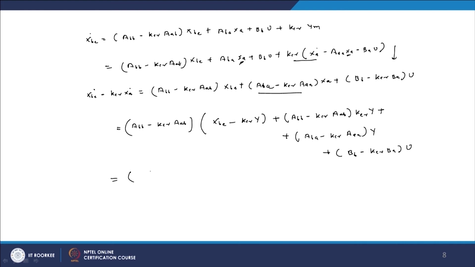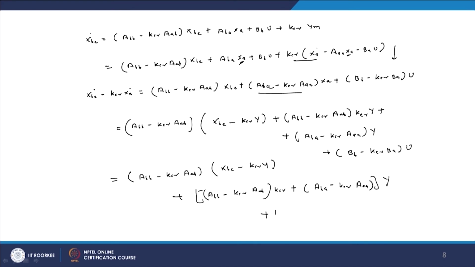So, in order to simplify, ABB minus KER into AAB XBE minus KER into Y plus, now here we have to take this Y common, and therefore we can write this as ABB minus KER into AAB into KER plus ABA minus KER into A plus Y plus, and now this portion we write like this, BB minus KER into BA into U.